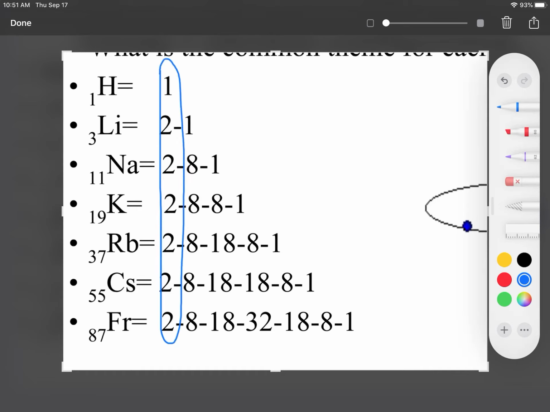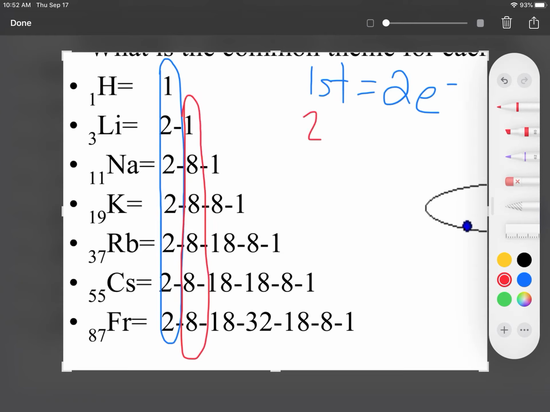The maximum number of electrons in the first level, if you notice, does not get larger than 2. So the first shell holds 2 electrons. And we're going to fill this in on the next slide, guys. Look at the second level or shell. The second level holds a maximum of how many electrons? Well, the largest it becomes is 8 electrons.